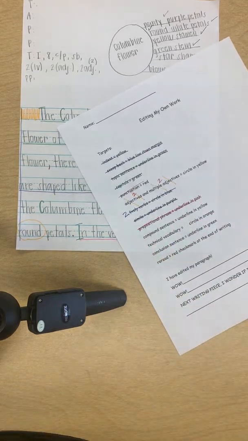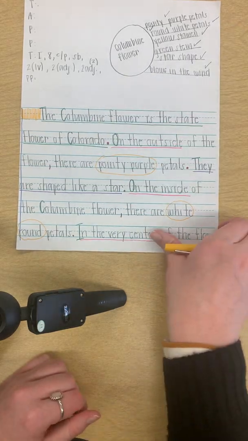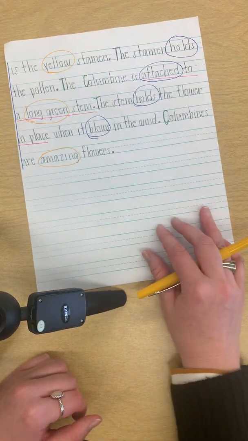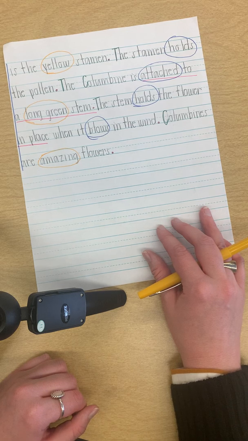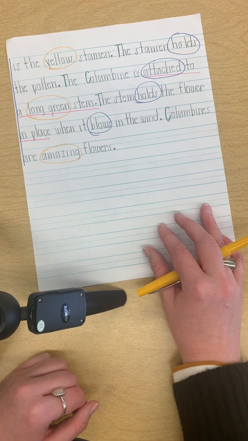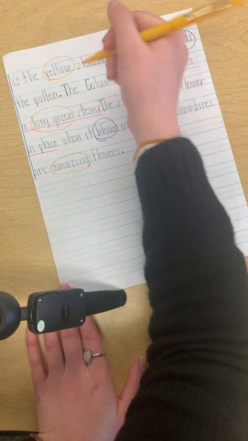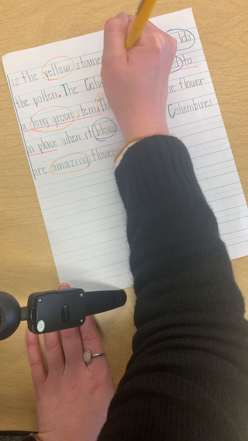The next one is a compound sentence in yellow. This yellow holds the pollen. The columbine is attached to a long green stem. So what I'm going to do is I am going to get rid of this here, and I'm going to put comma and.